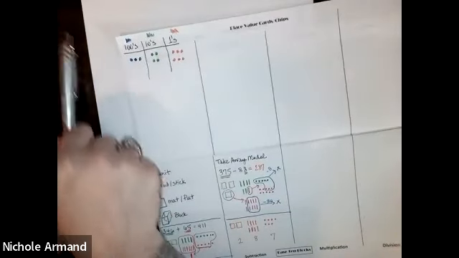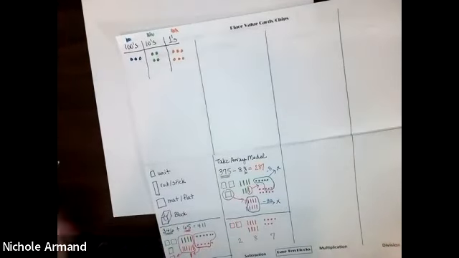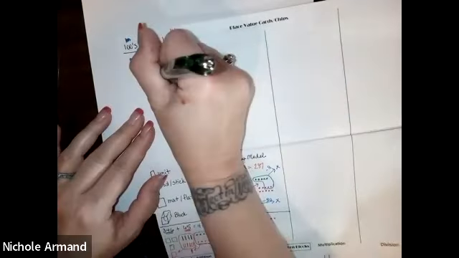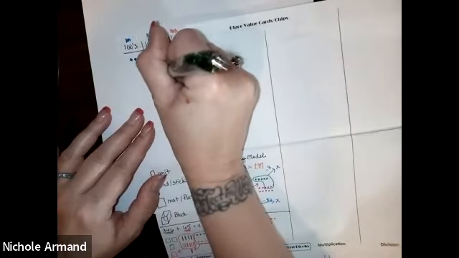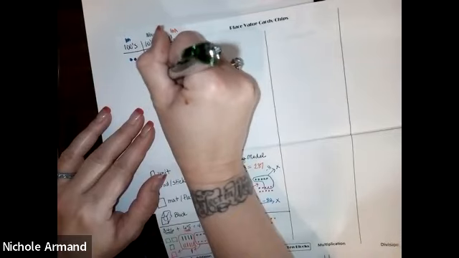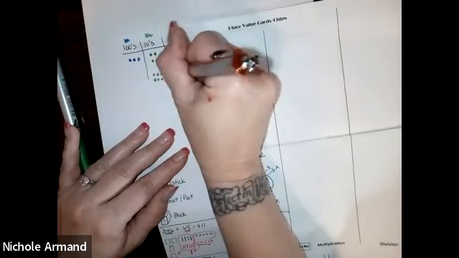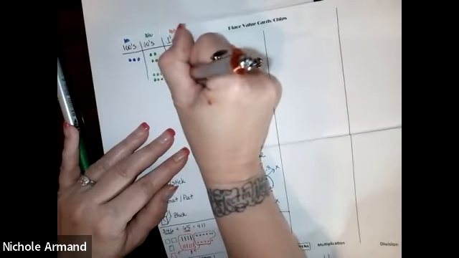And then we are going to add 65. So 1, 2, 3, 4, 5, 6, and 1, 2, 3, 4, 5.